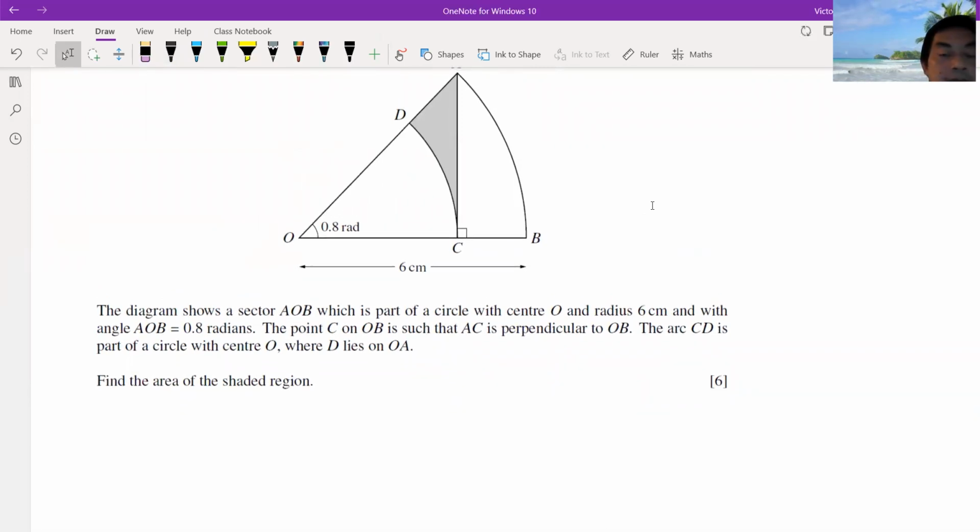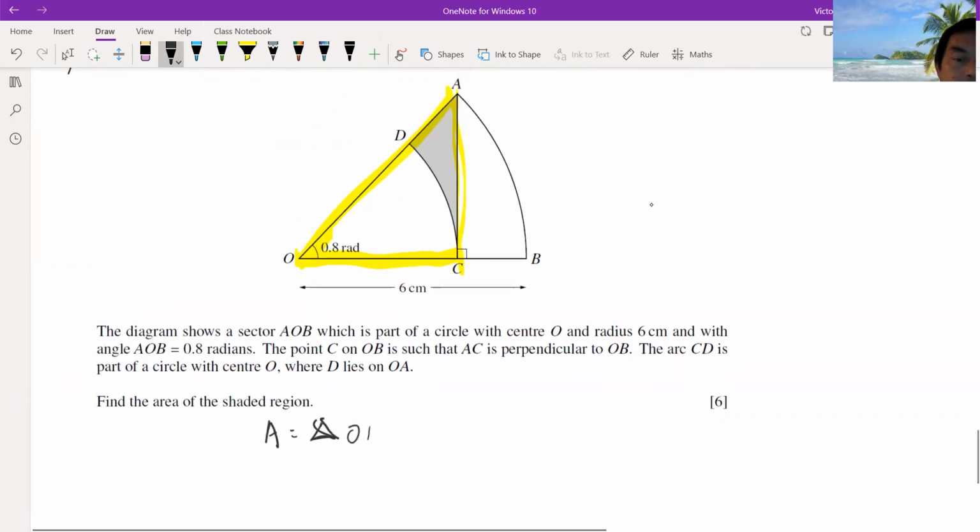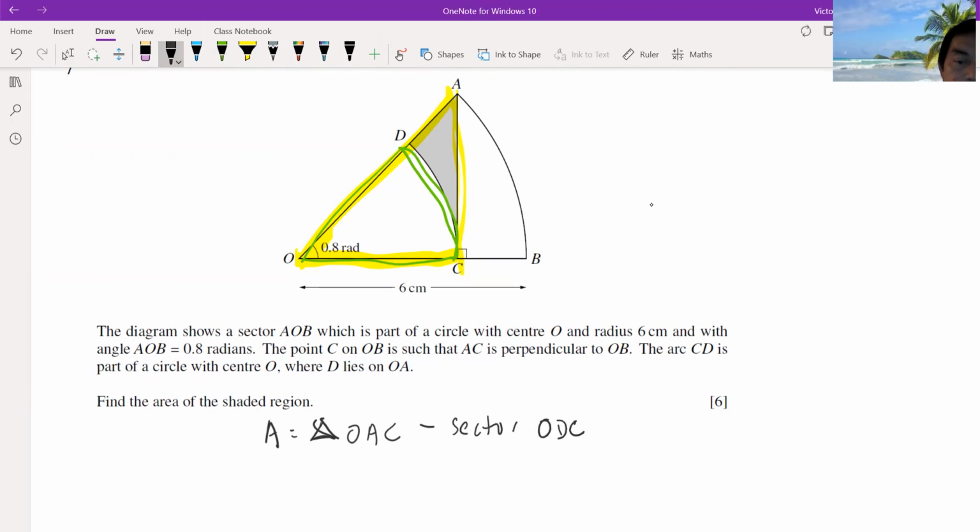If you look at the diagram, it will be the area of triangle OAC minus sector OBC.